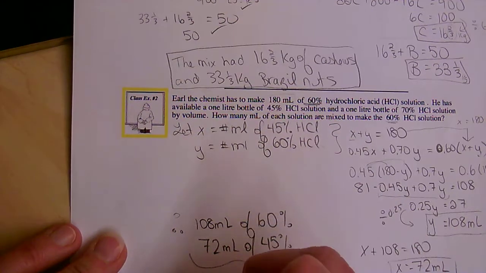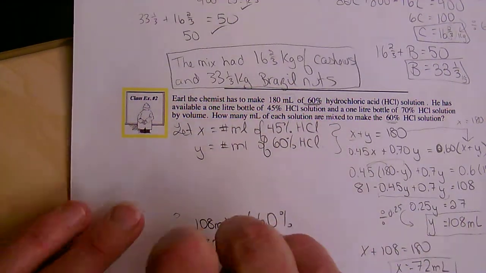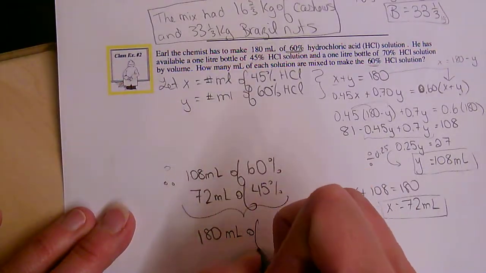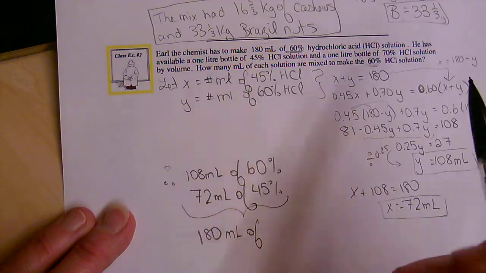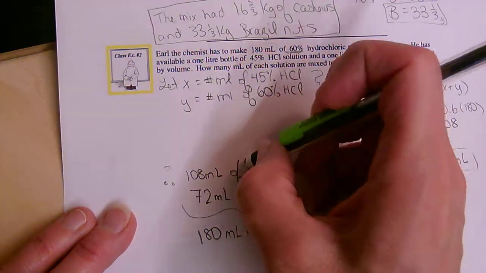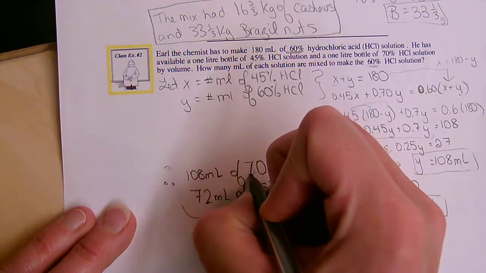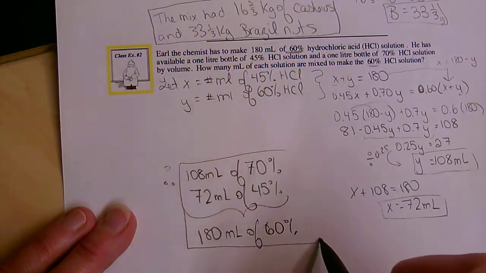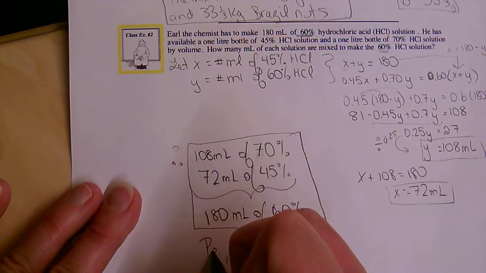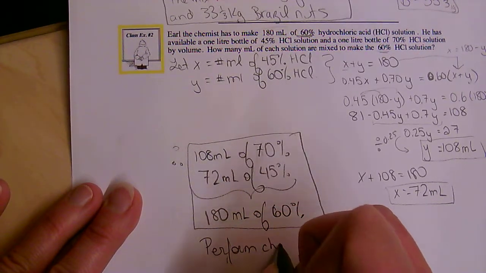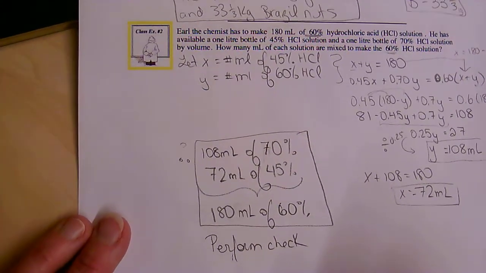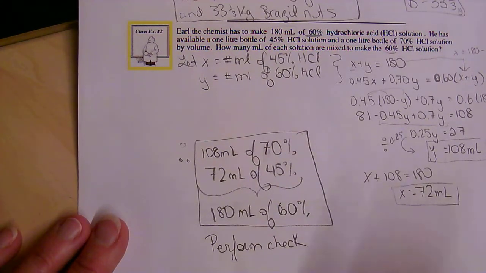To make a total of 180 milliliters, oopsies, of the, oh, this is supposed to be 70. This is supposed to be 60. There we go. So this is our final answer. And you would also perform the check that we've done a million times. Left side is equal to right side. Or you could graph them. Okay? All right.